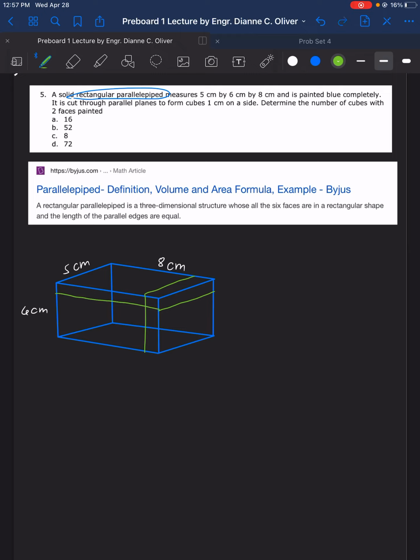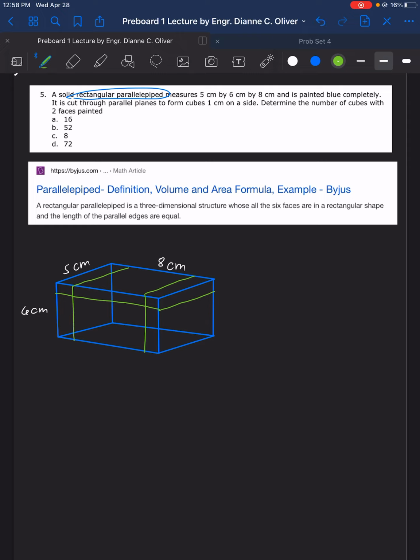So we will get the cubes there. But the problem here is the edge, the corner will have 3 faces painted. So we will remove the cubes in the corner. So let's mark all those areas where we can find the cubes with 2 faces painted.